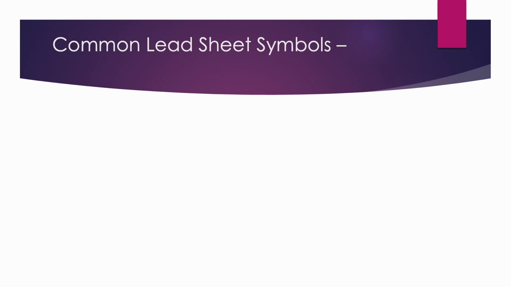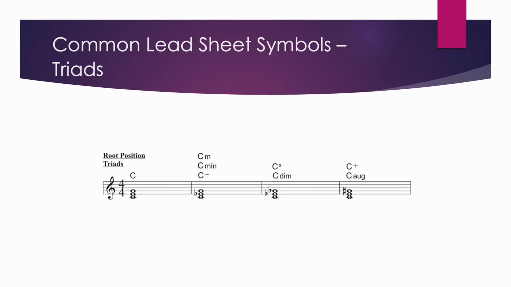Unfortunately, there is no standard in lead sheet symbols, so I've included variations of the chords that you would most commonly see on lead sheets. Let's begin with triads and look at the root position triads. So these are the symbols that would typically be used to indicate a root position C major chord, C minor chord, C diminished chord, and C augmented chord.